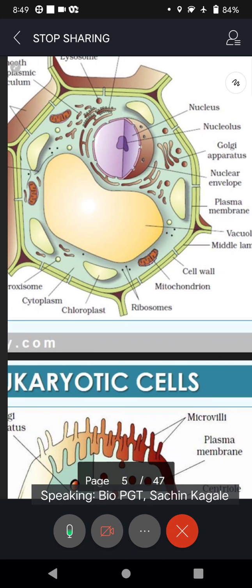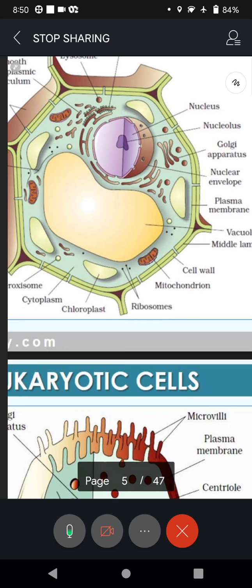Inside the nucleus, one small ball-like structure will be there. That is nucleolus. It produces ribosomes. No, nucleolus is not related to that. Okay, let me tell you. Nucleolus is responsible for cell division. If one cell has to become two cells, it is because of nucleolus, right?